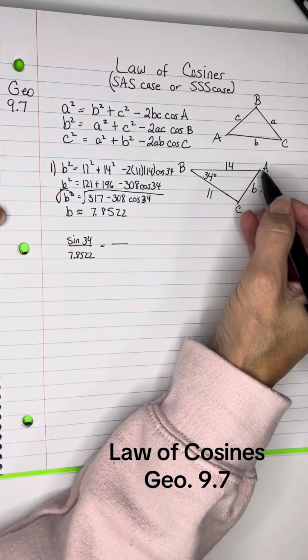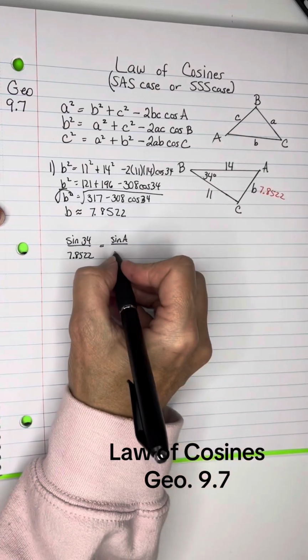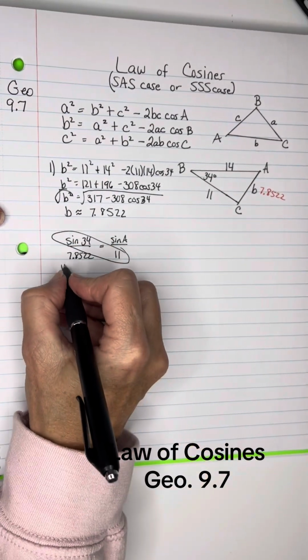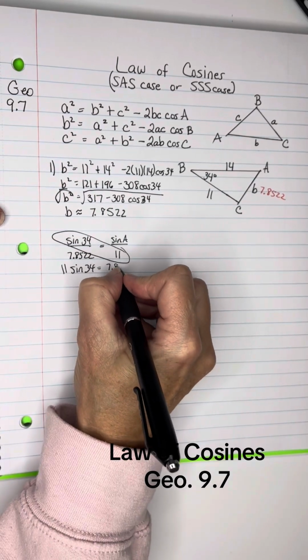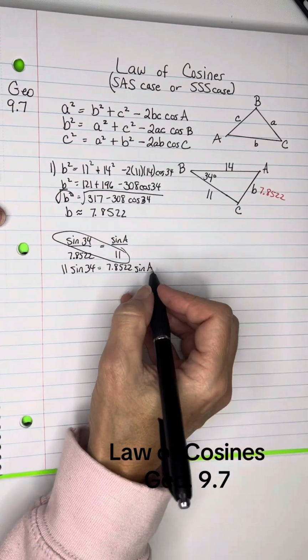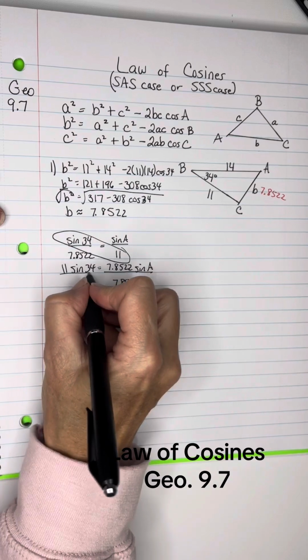Equals, I'm looking for the sine of A, so sine of A over the leg opposite of that, 11. Cross multiply, I have 11 sine of 34 equals 7.8522 sine of A. All right, let's divide both sides by 7.8522.